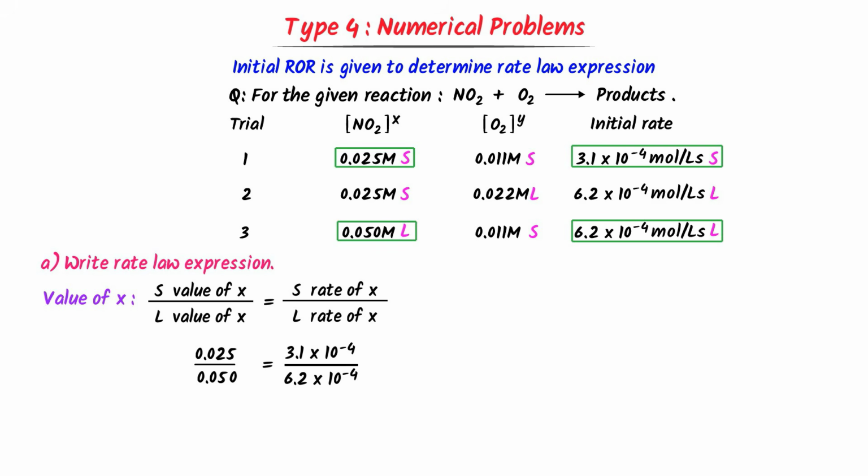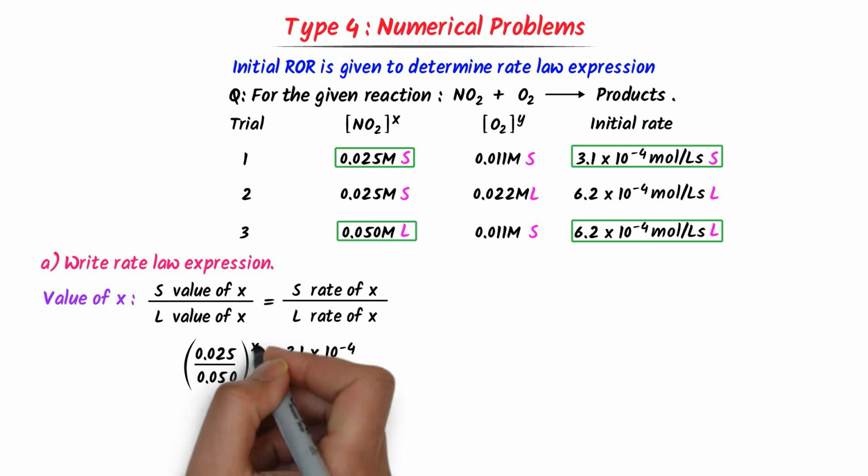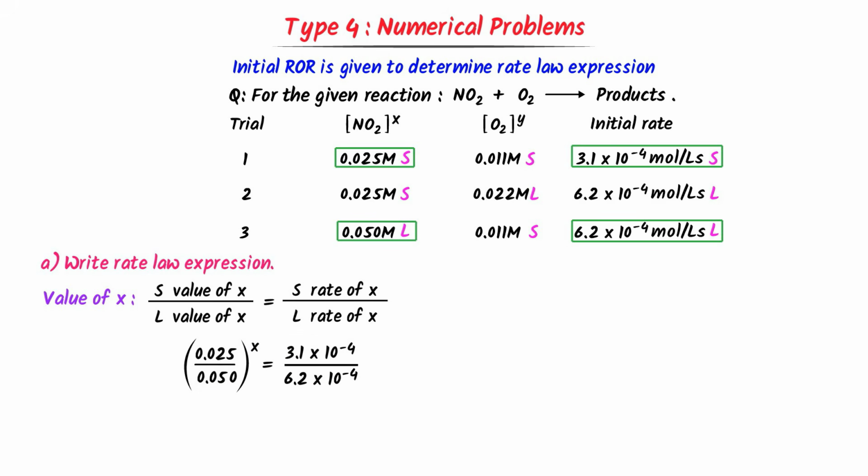Here, at the left hand side, I take whole power x because these are the values of x. After calculation, I get 0.5 raised to the power x equals 0.5. Here, bases are the same, so x is equal to 1. Thus, the value of x is 1.